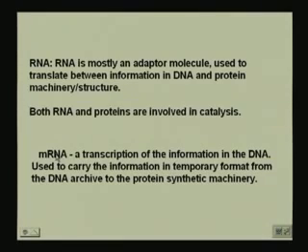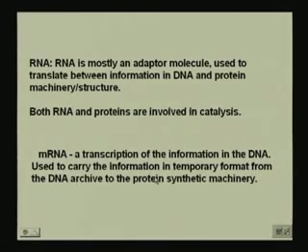This is something probably that you studied in school. You have messenger RNA. The process of DNA going to RNA is called transcription, and messenger RNA carries the information in a temporary format from the DNA.